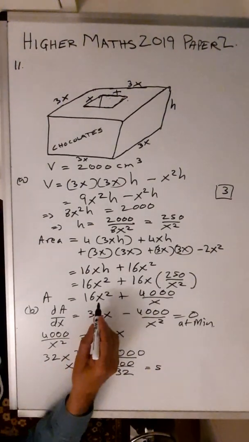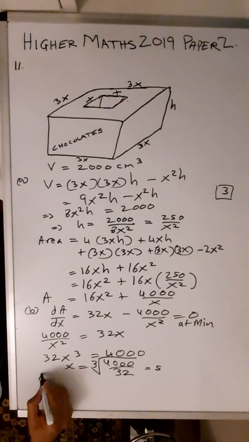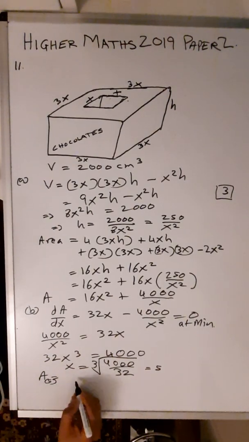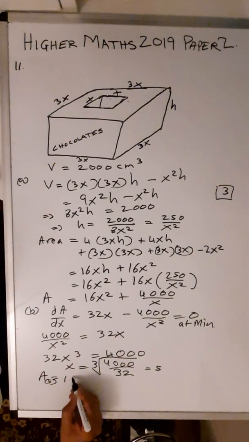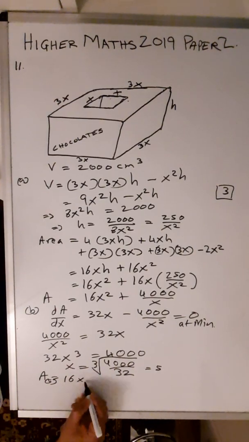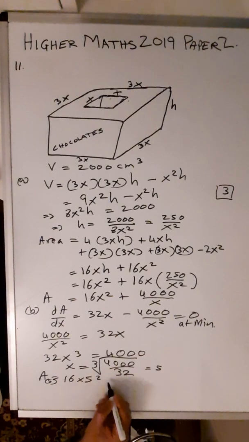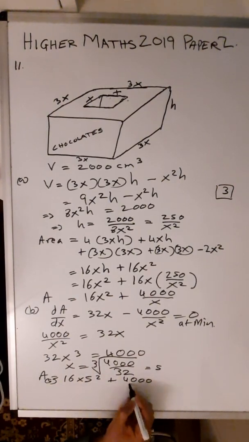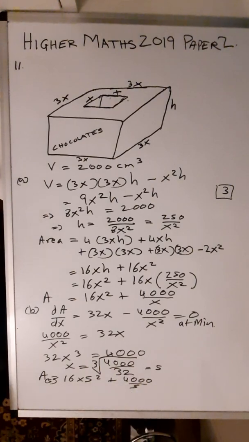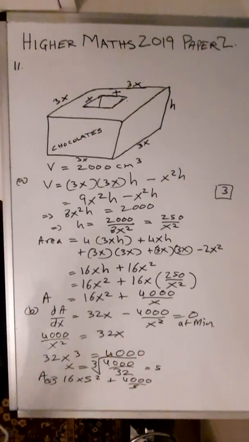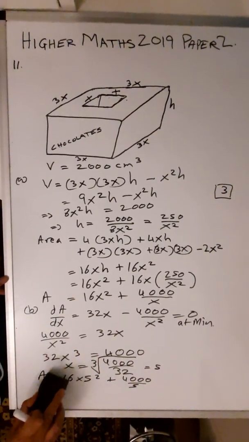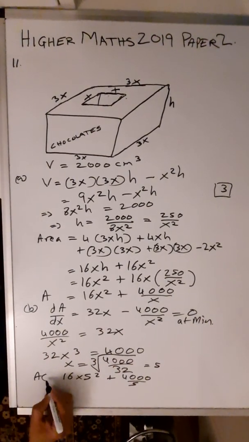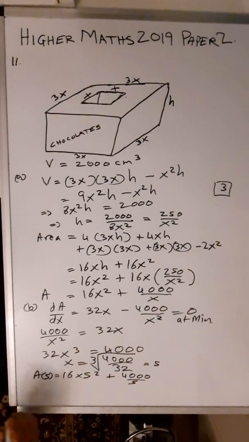And for your area, you go back to that area expression there, put in 5, and you're going to end up with 16 times 5 squared plus 4,000 divided by 5. So your area when x is 5 is equal to that.